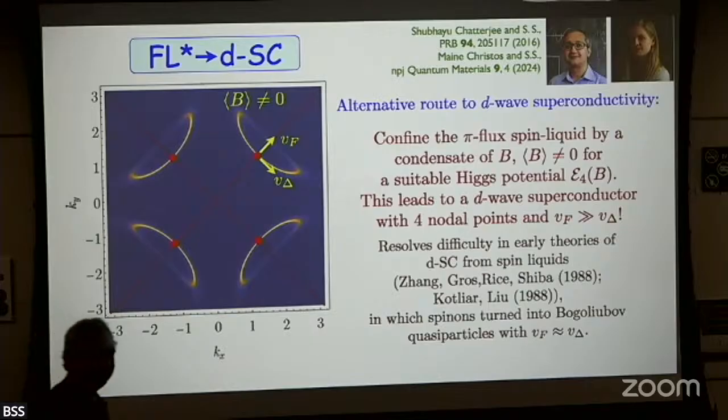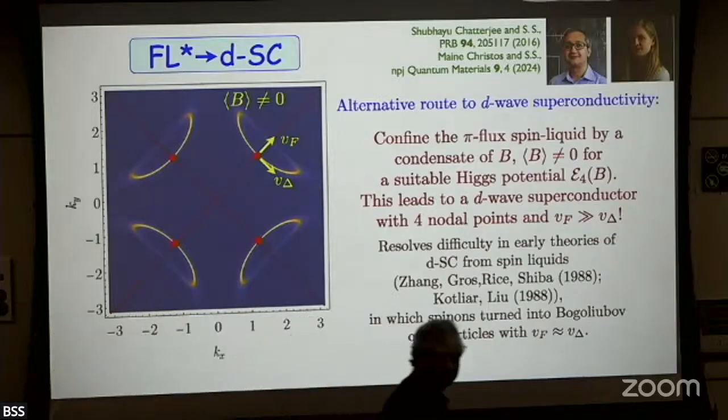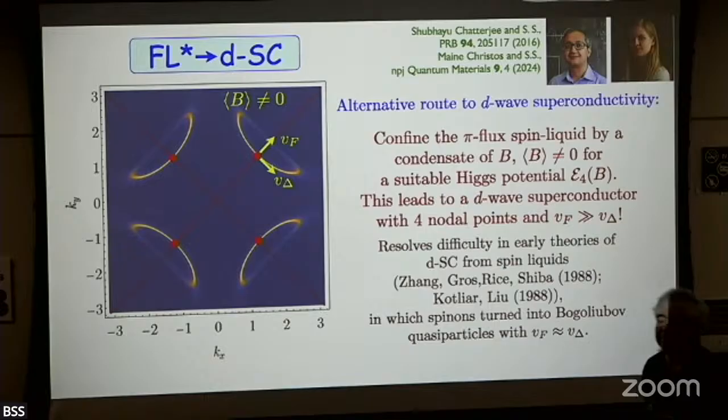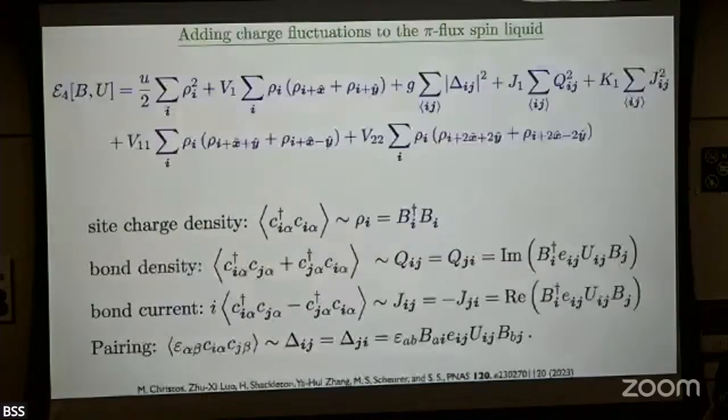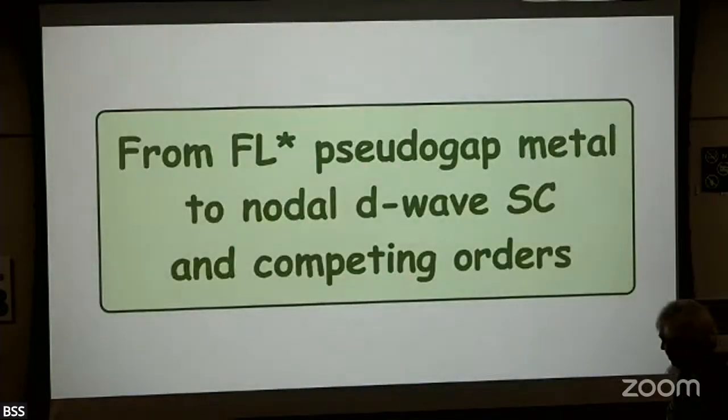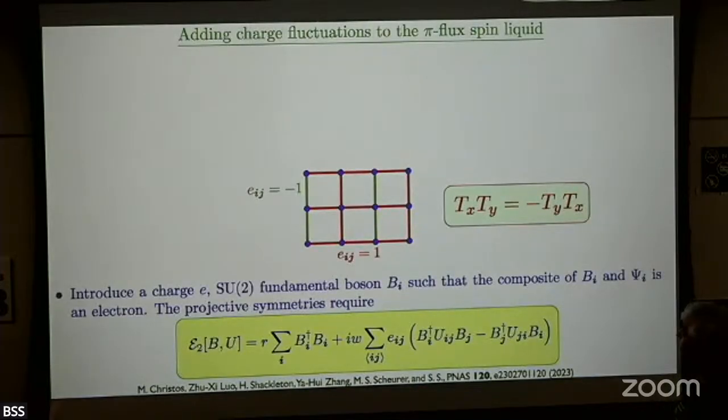Yesterday, the ARPES work that you showed, the antinodal modes that you saw, with a gap. What's that in the theory? Oh, that's still here. I mean, they're gapped, and the condensing of B will change them a little bit. But that's still present, from the top pairs in the antinodal region.